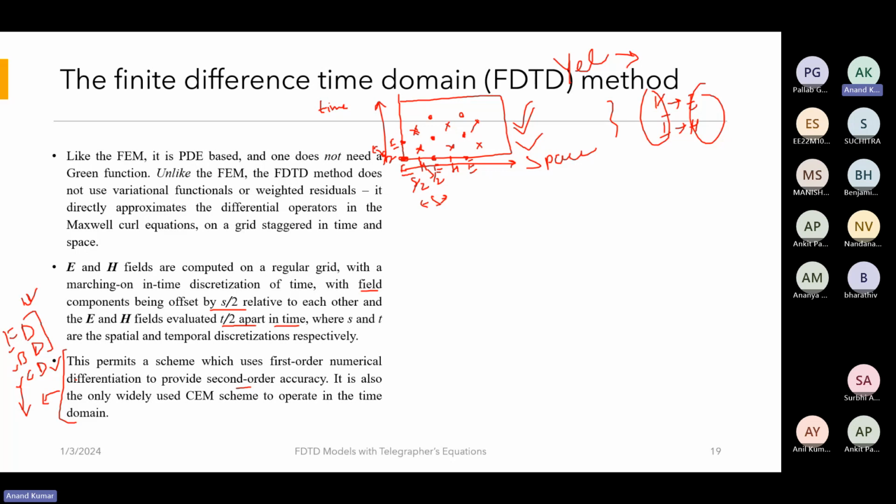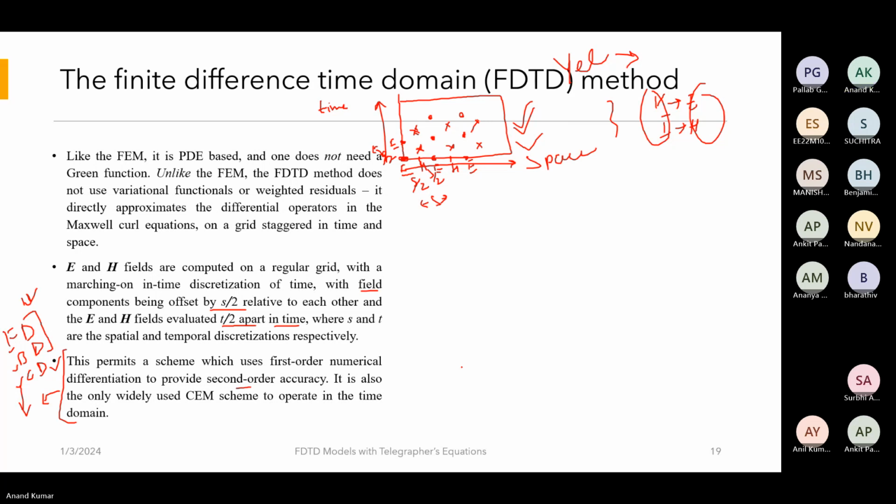Any more questions on this? Hello. Yes, Sudeep. Yeah, I have just one doubt. There are two divergence equations in Maxwell's equations as well, right? So in FDTD we generally do not discretize them, right?